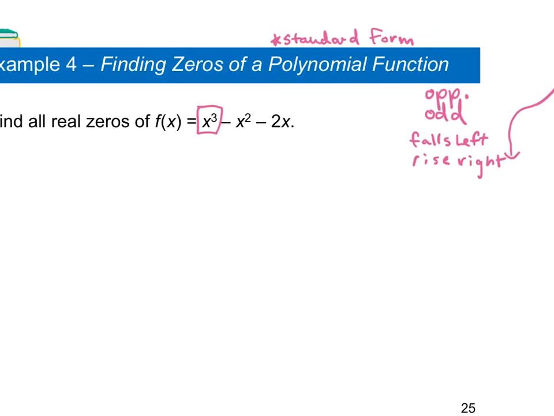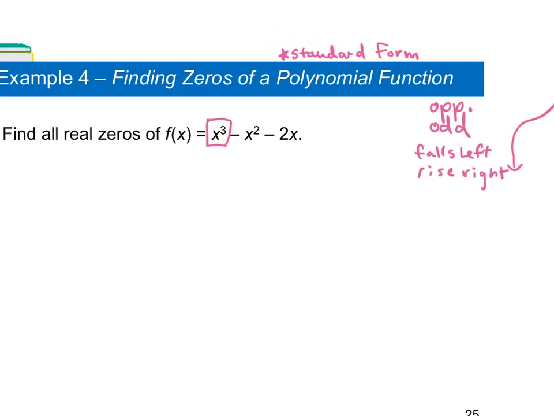Now let's find our real zeros of our graph. So the zeros are going to tell us where our graph crosses the x-axis. To find the zeros, we just change our y, or our f of x, to be 0. What do we need to do first to find our zeros here?